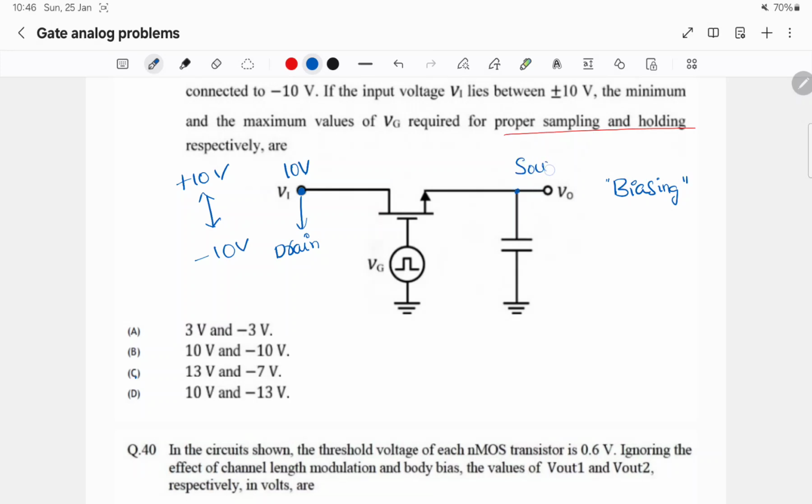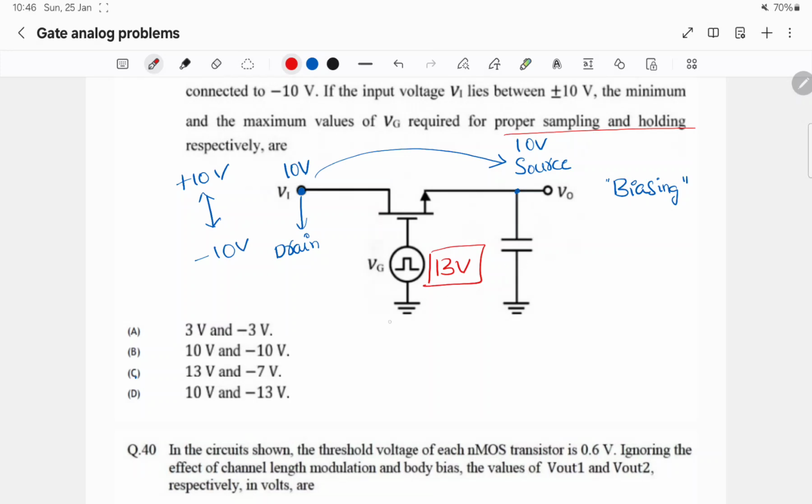This is source. So for proper sampling, the drain should be connected to source. I mean 10 volts has to transfer properly. For that, Vg should be 13 volts in this case.